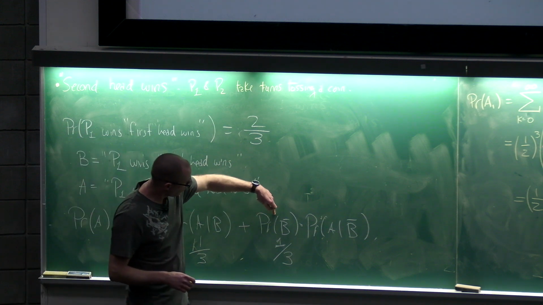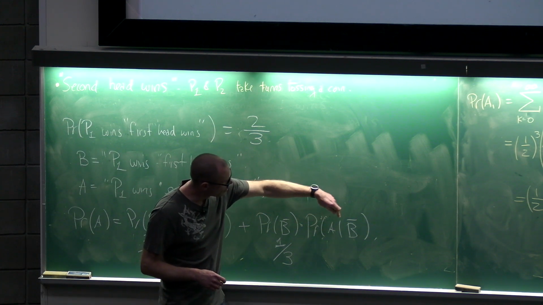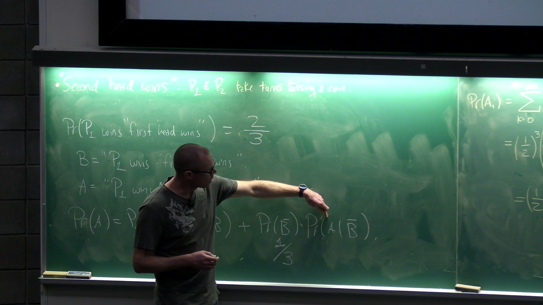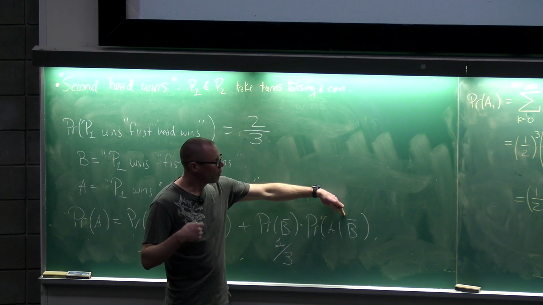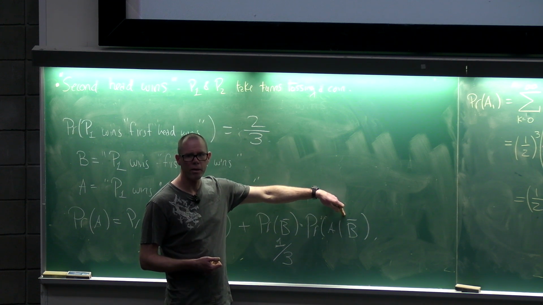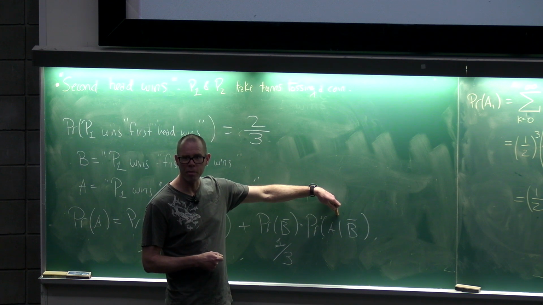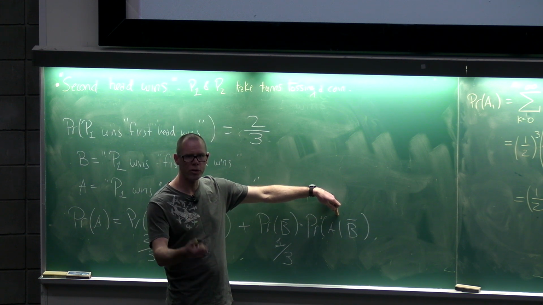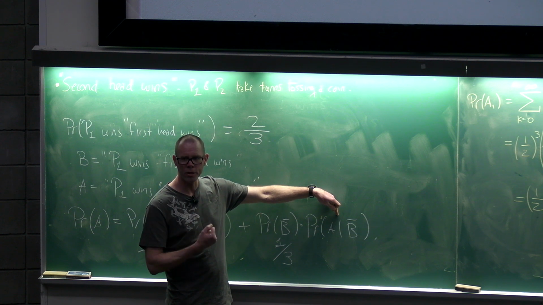And over here, now we're looking at the situation, so probability of A given not B. That means they toss the coins for a while. Player 2 just tossed the first head, and now we start playing for keeps. But that's the original game. Player 2 just tossed the first head. The coin is back in player 1's hand, and we're now playing a game of first head wins.